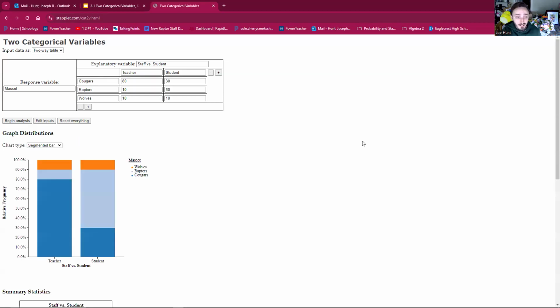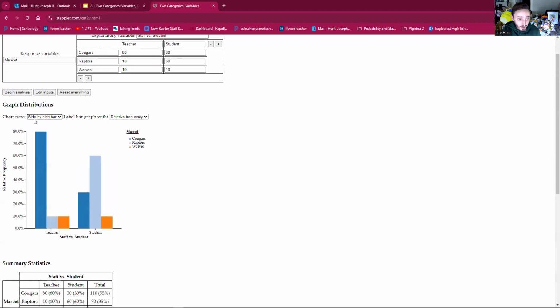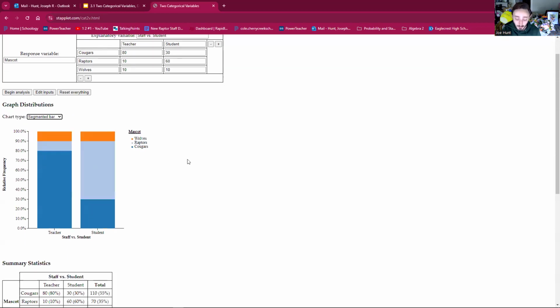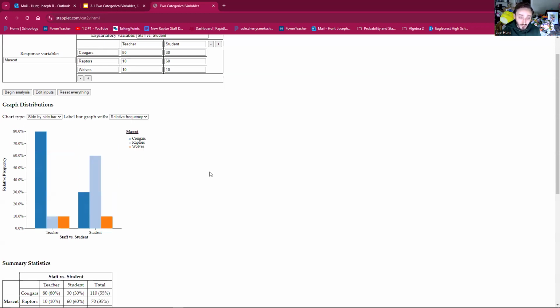When I hit begin analysis, what we're focusing on at first here is the side-by-side bar chart and the segmented bar chart. So if I look at, say, the side-by-side bar chart, one of the things that immediately I recognize here is that the vast majority of teachers voted for the school to be represented by Cougars.